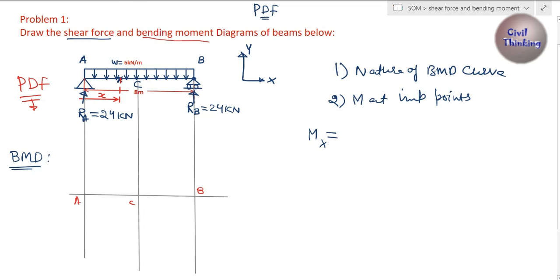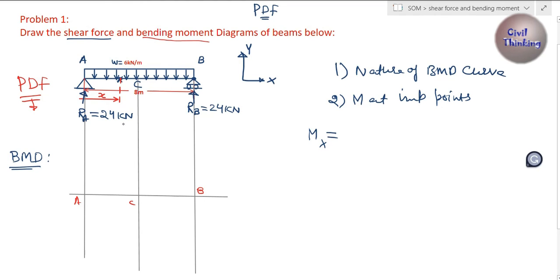The moment at x is going to be, there are two loads. Basically there is a reaction at A, Ra is 24, and there is also some load from A to x. These are the only two loads to the left, so there will be a bending moment at x due to only these two.